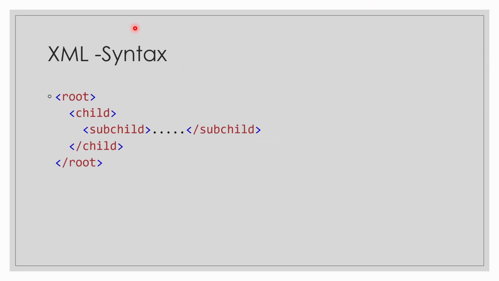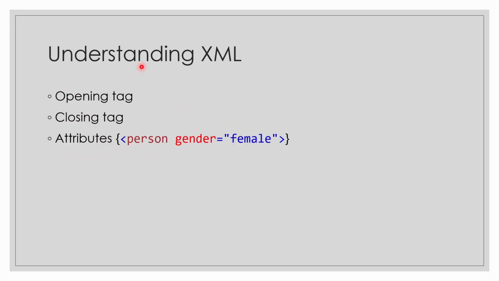Now we'll look into the syntax of XML. This is an opening tag. We have opened a tag root. In this we have opened a tag child. In this we have a tag subchild, and then we have some code, and then we close the tag subchild, then we close the child, and then we close the tag root.